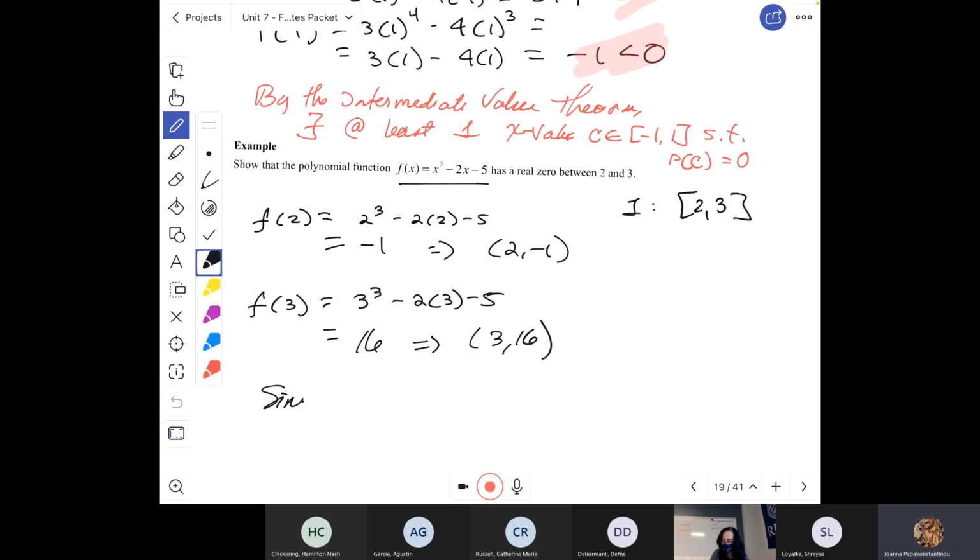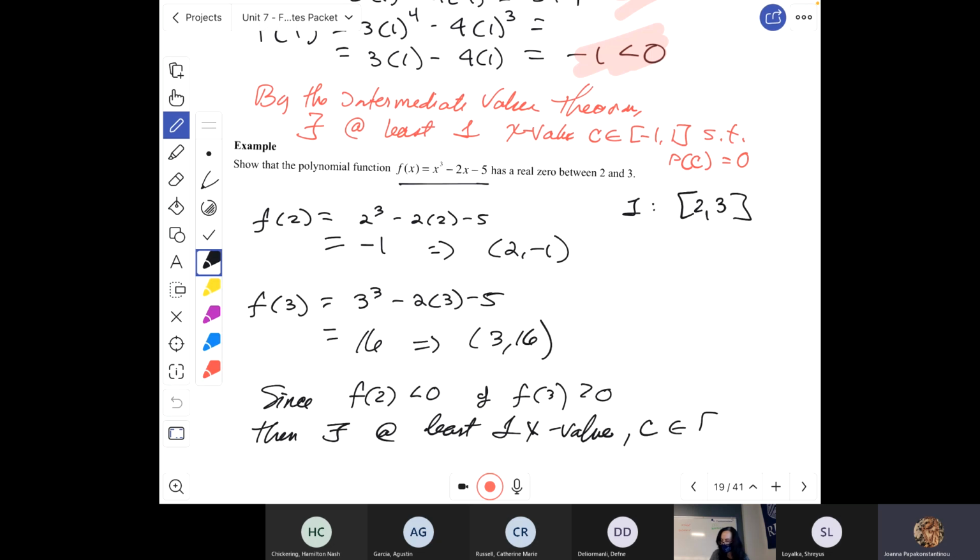So since f of 2 is less than 0 and f of 3 is greater than 0, then there exists at least one x value, c, in the interval such that f evaluated at c is 0.